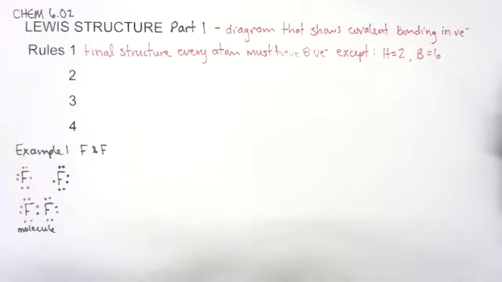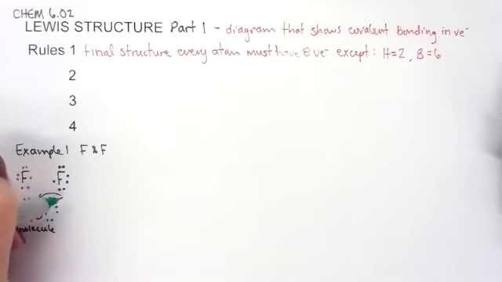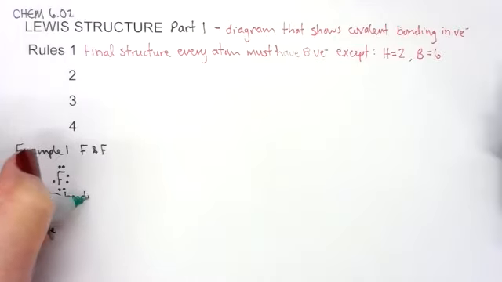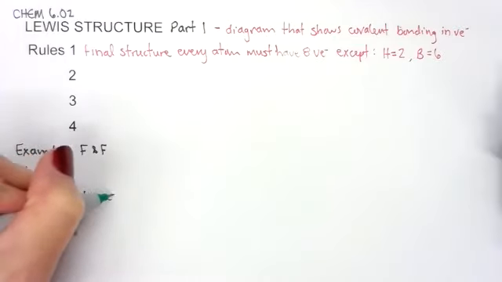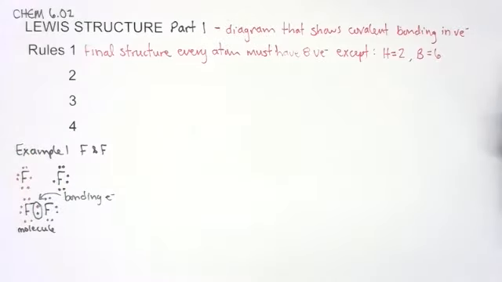The next rule: let me label some things here. These 2 electrons that are between the fluorine atoms are called bonding electrons. These here and here are non-bonding electrons.